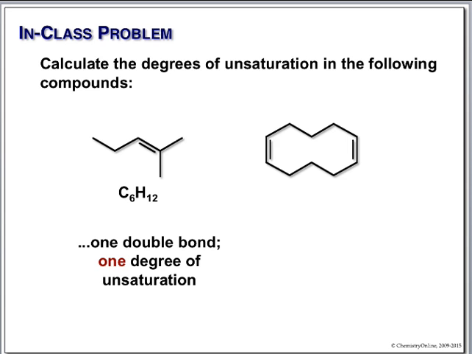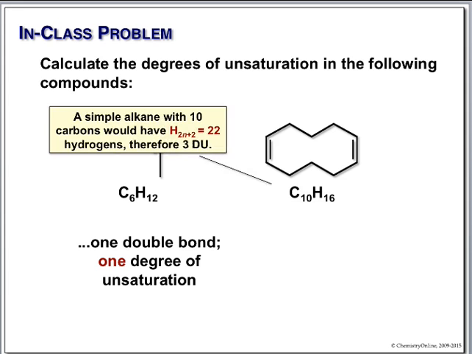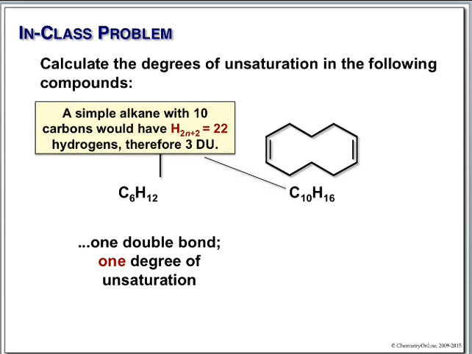Our next guy here, we have 6, 7, 8, 9, 10. And if we add these up, I believe there'll be 16 hydrogens. Now, if we had a C10 alkane, we would have 22, wouldn't we?